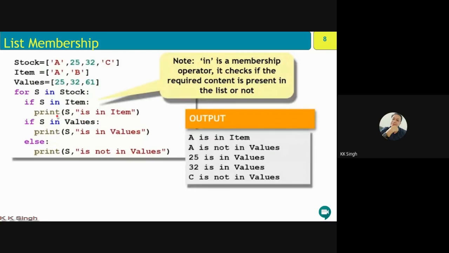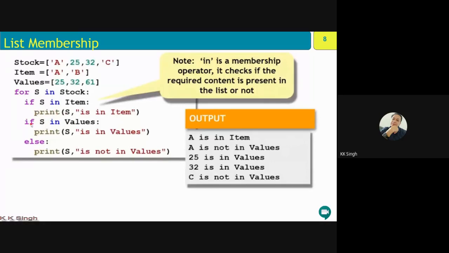Now come to this. If S in values, that is A in values, A is not available in the list of values, so it will show A is not in values. So the second output is this. Now it will take the next value, 25. When you say S in item, 25 is not in item, it is not available.